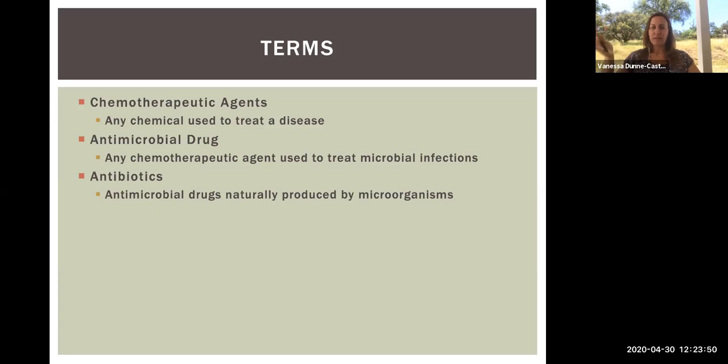This is naturally produced by the penicillium fungi. And so therefore it is truly an antibiotic. It's a naturally occurring antibacterial drug that is produced by a microorganism. We essentially just grew a bunch of penicillium fungal organism and extracted out that chemotherapeutic agent and then purified it, and now we have an antibiotic, a drug.